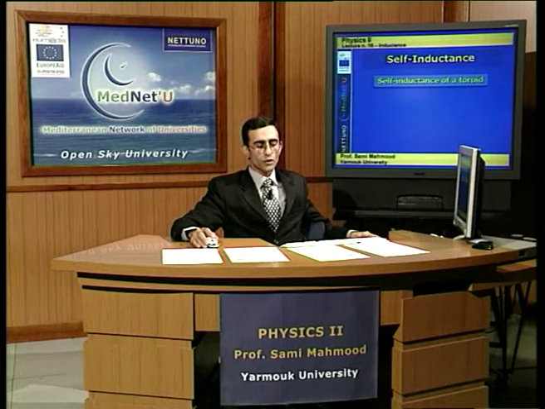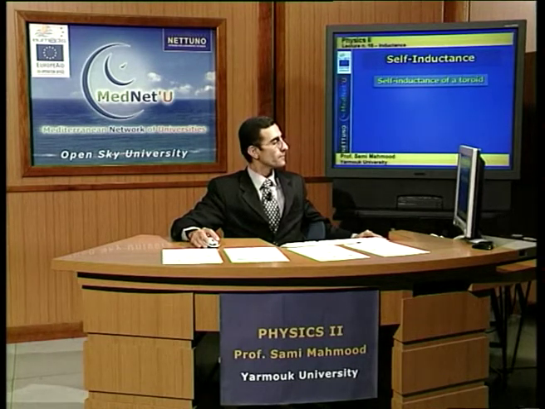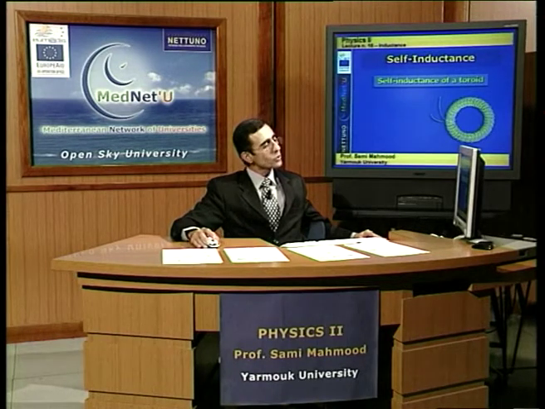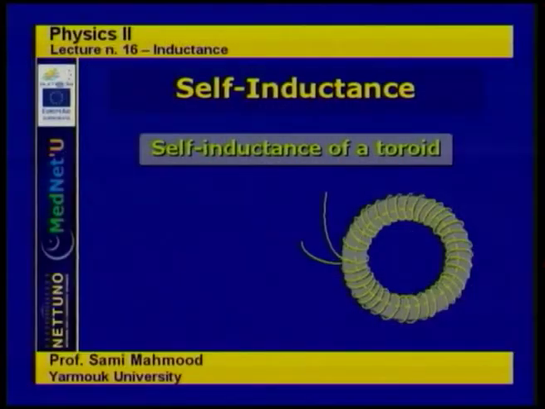We take the toroid, and we calculate the self-inductance of a toroid. The toroid looks like this. It's just like the solenoid, but it's not straight. The windings are around some sort of a tire or so.